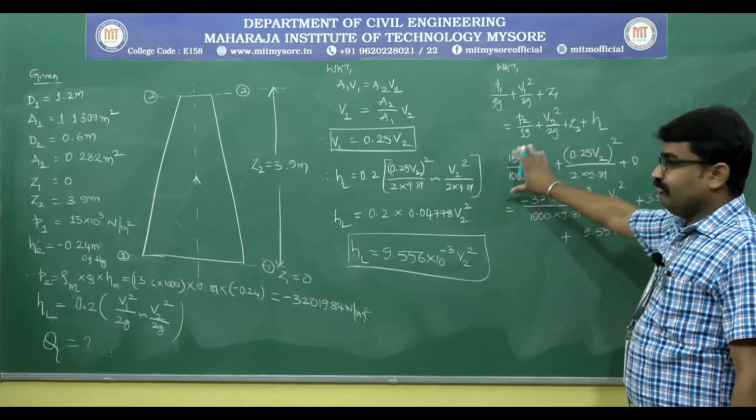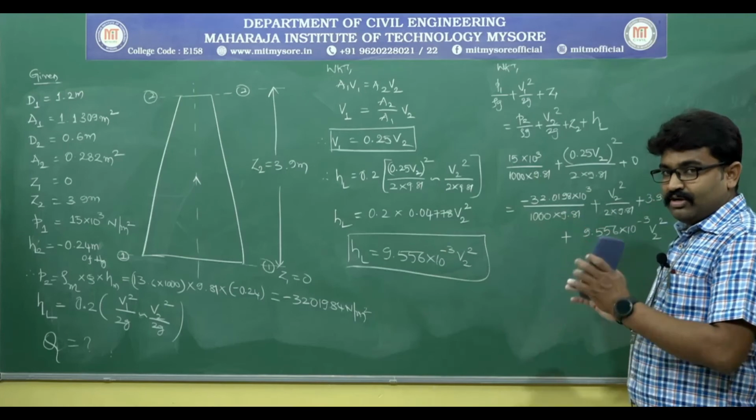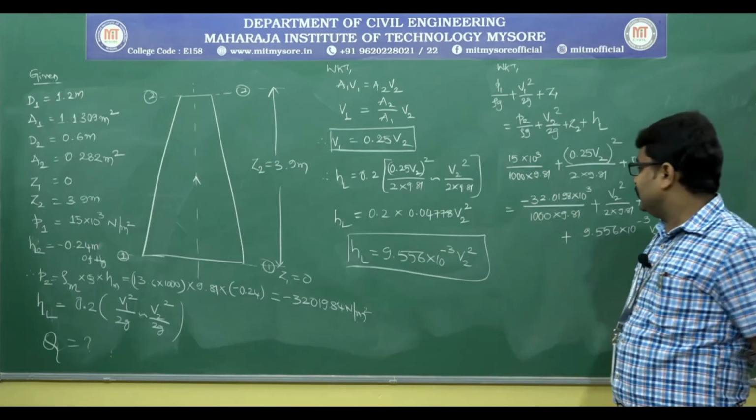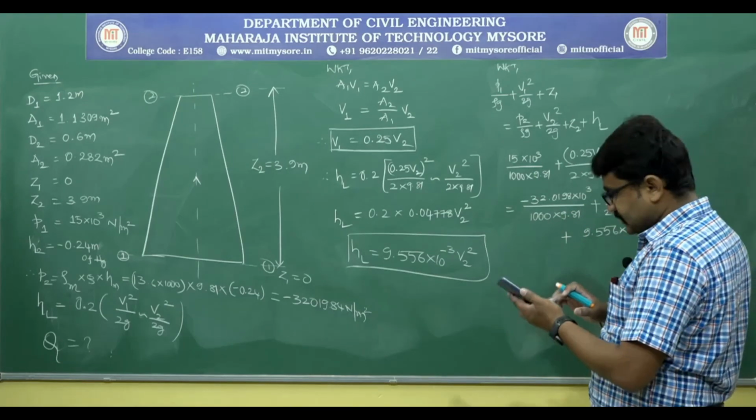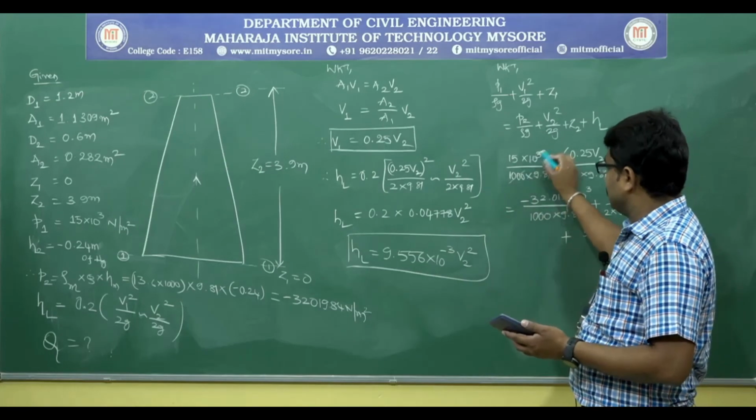Looking into this equation, you can keep all the V2 square to one side and the remaining things to one side. So, what is this? 10 power 3 and 1000 get cancelled.